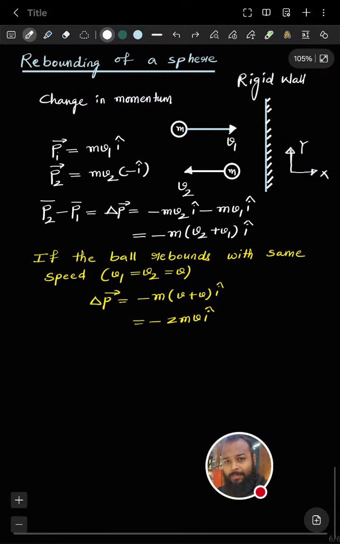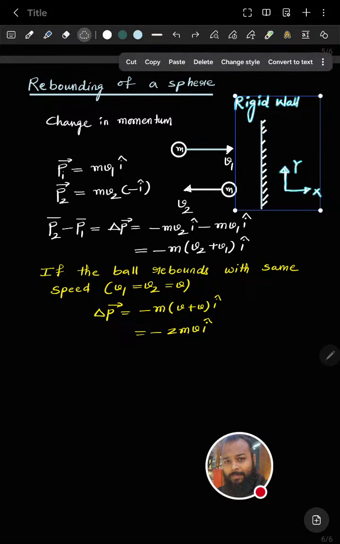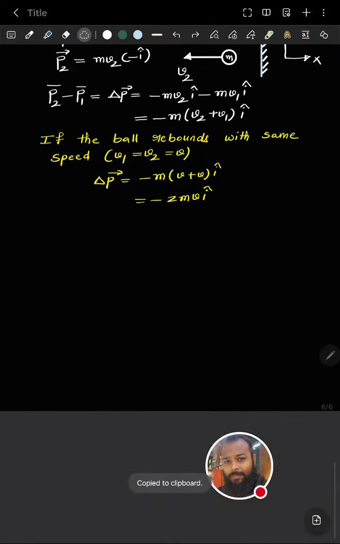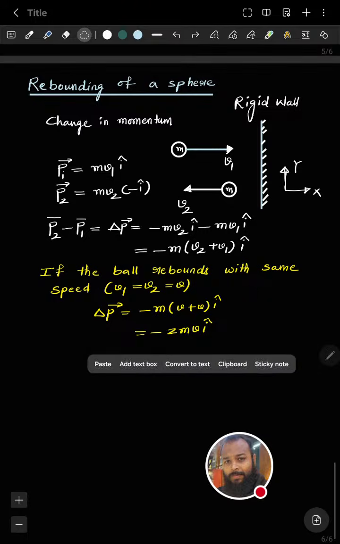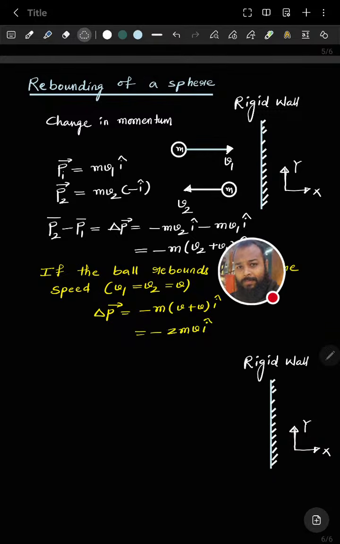Now we'll take a situation where a rigid wall is there, but the inclination is there. What does that mean, sir? See, the same rigid wall, I am taking the same rigid wall. Okay, copy, paste. Right.